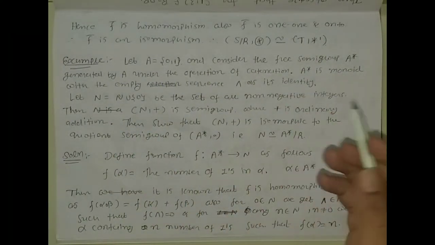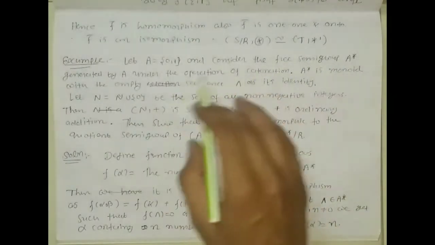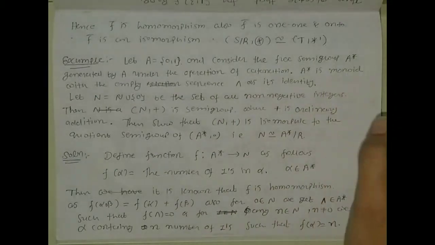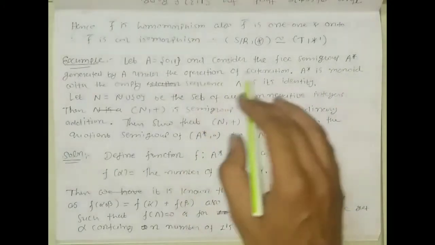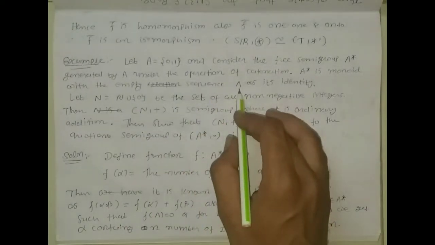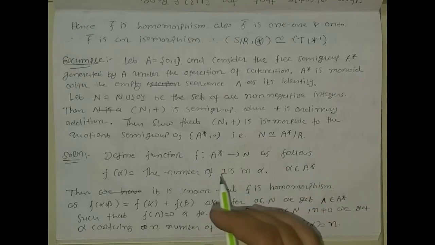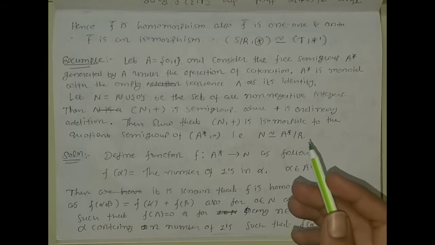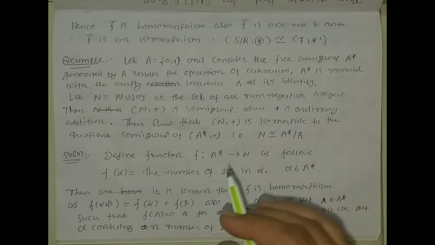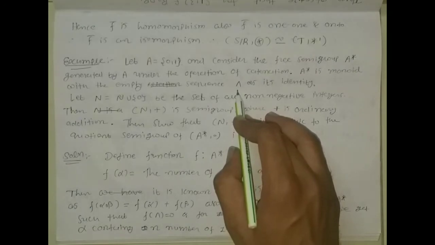Now you know this very well. So A star is a monoid with the empty sequence capital lambda as its identity. The free semigroup generated by A is a semigroup with binary operation catenation, as well as a monoid whose identity is the empty sequence capital lambda.